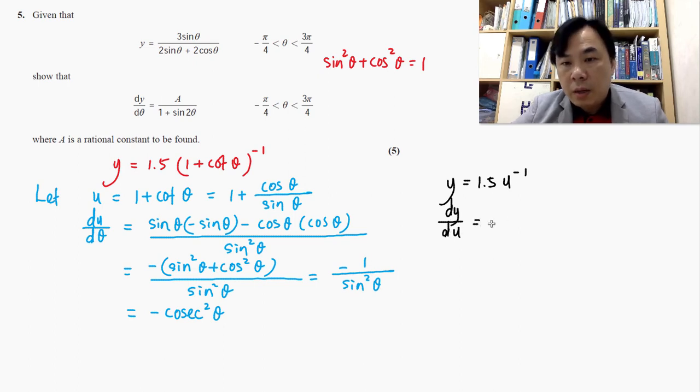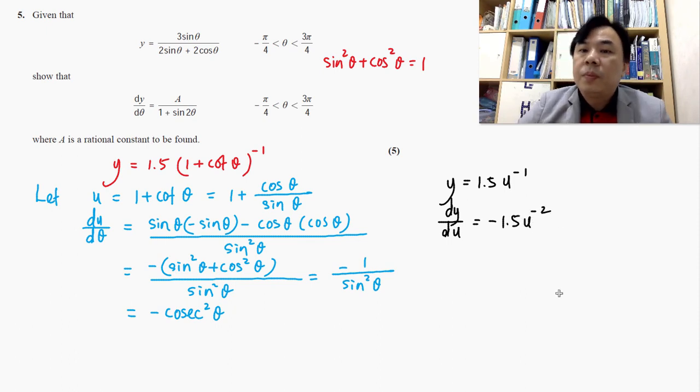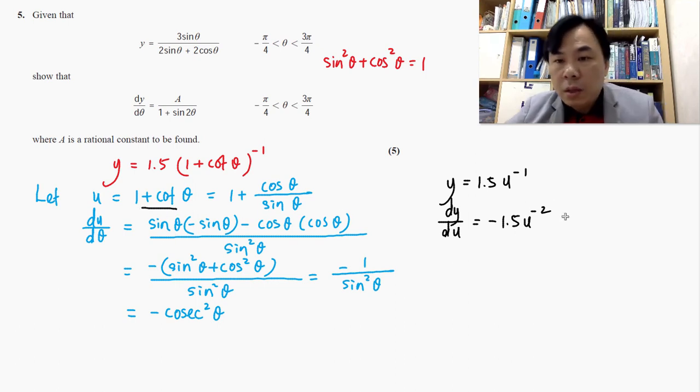Okay, and then from here you get negative 1.5 u to the power of negative 2, and then u is given as such, therefore we're going to put everything back. U squared, so u squared means (1 plus cot theta) squared.